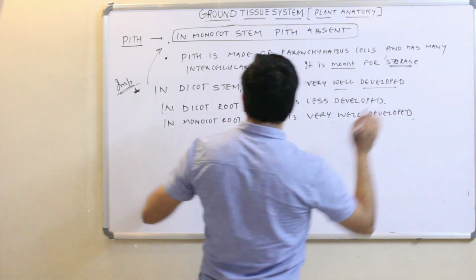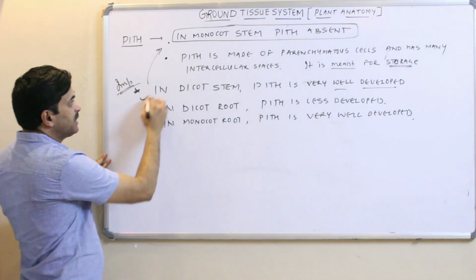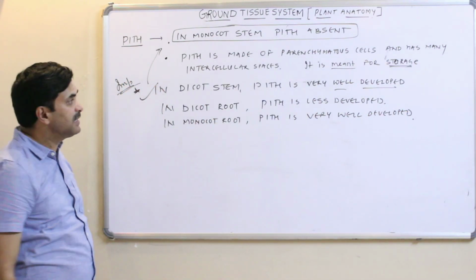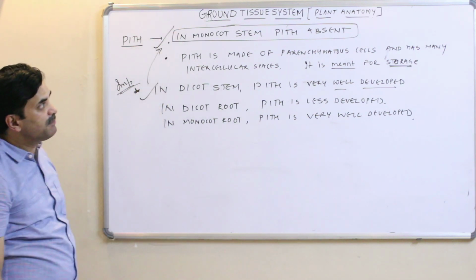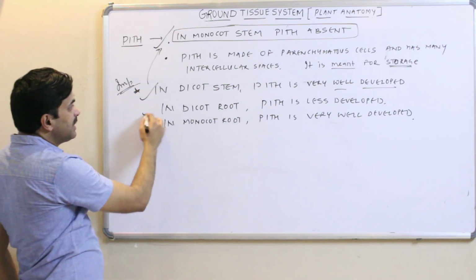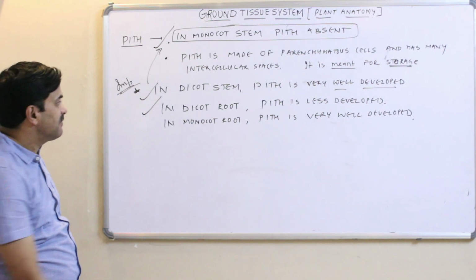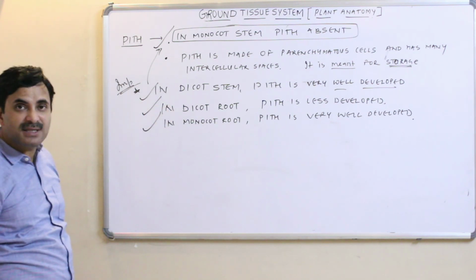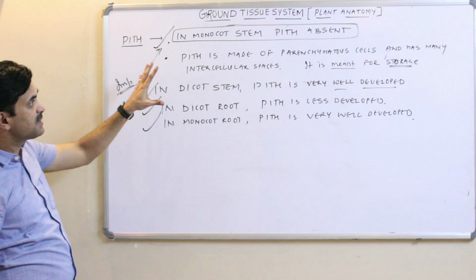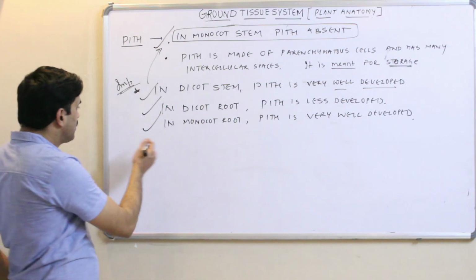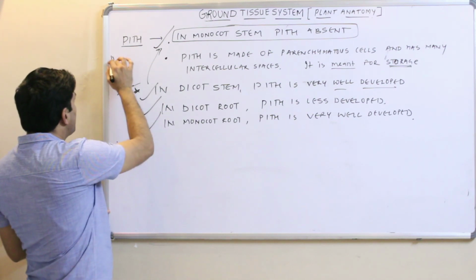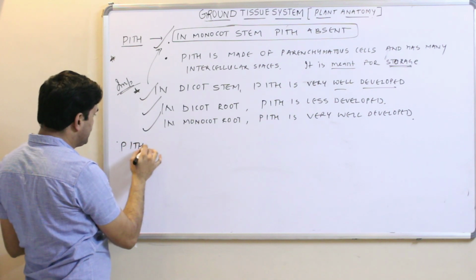Are you getting? Remember these 4 points. First point is in dicot stem, pith is very well developed. In monocot stem, pith is absent. In dicot root, pith is less developed. In monocot root, pith is very well developed. And pith is primarily concerned with the storage. Alright. And at the last, we are coming to the pith rays.